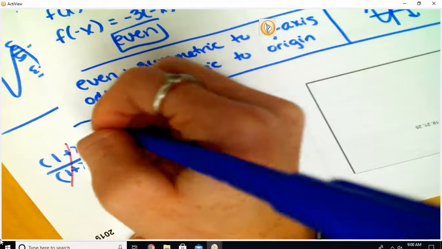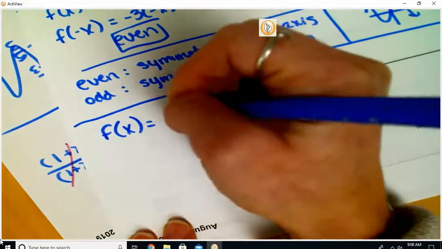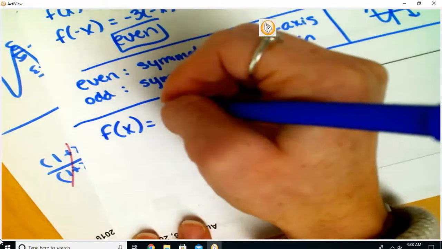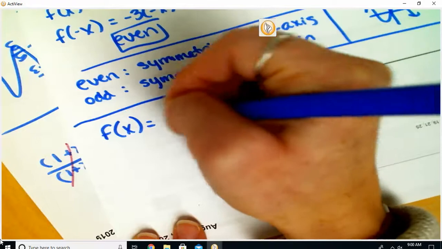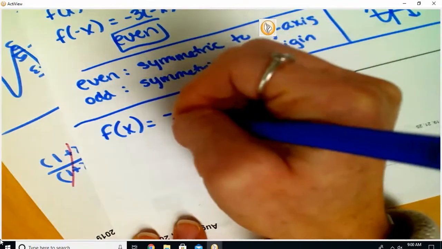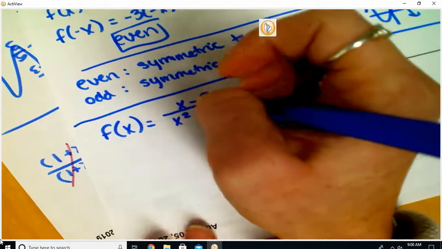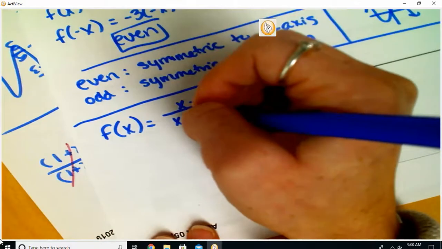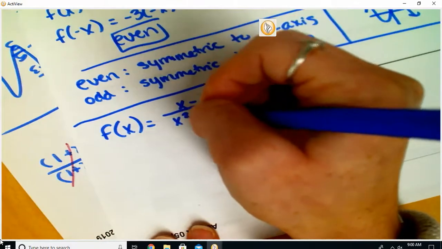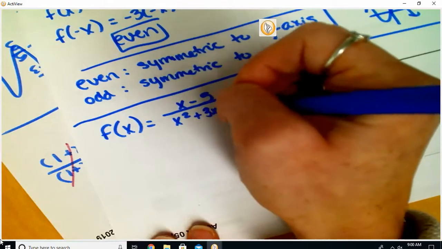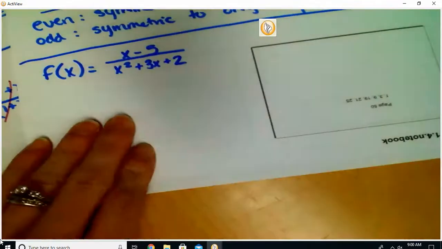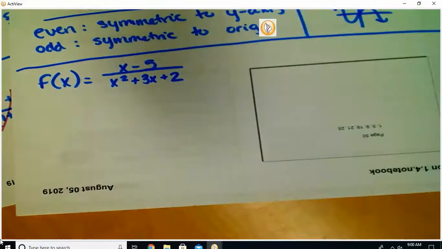Let's say our equation is f of x equals x minus 5 over x squared plus 3x plus 2. Okay, if I ask for vertical asymptotes, how do we get those?